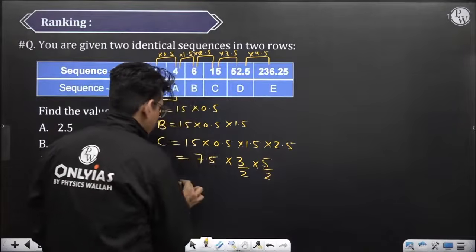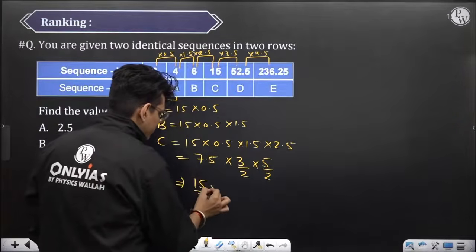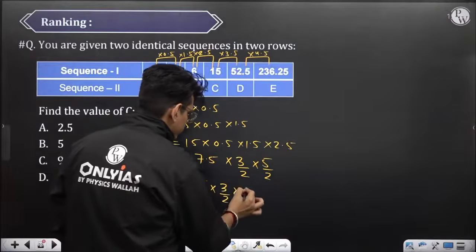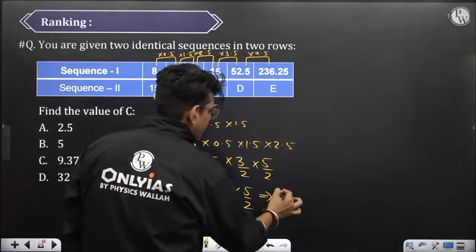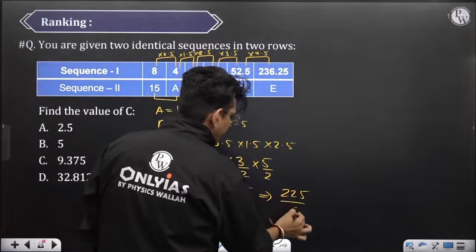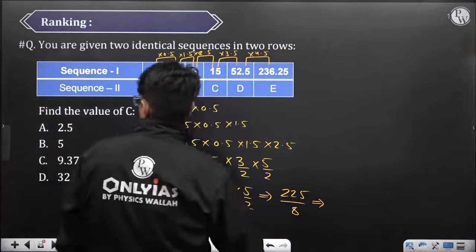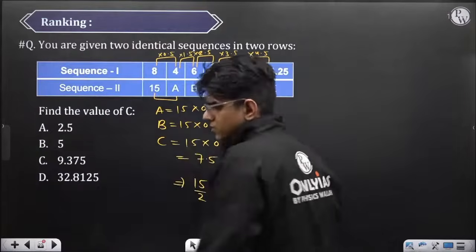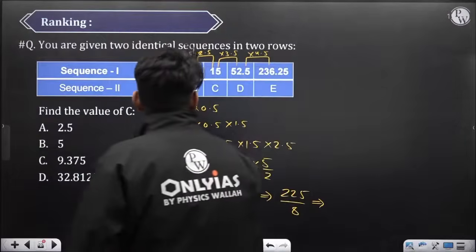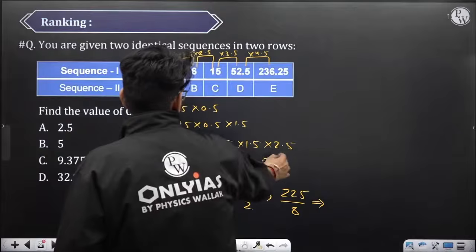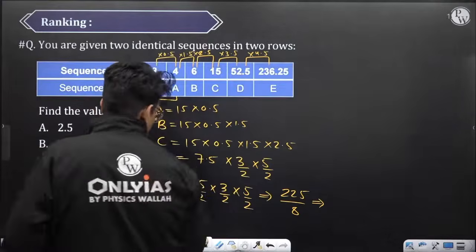This is 15 by 2. This is 15 into 15 is 225 by 8. What is the value?